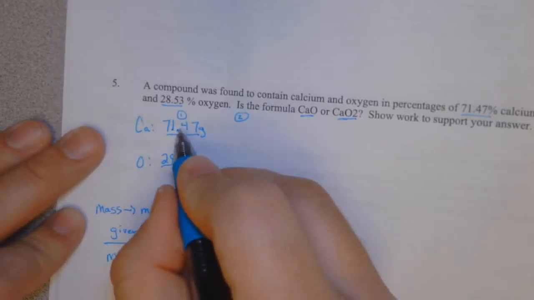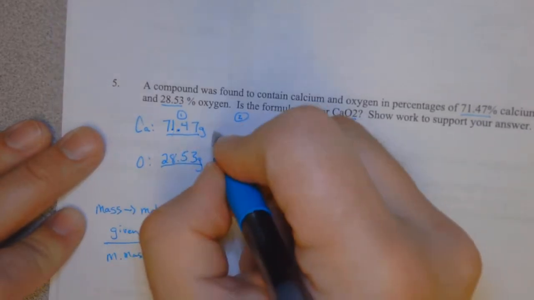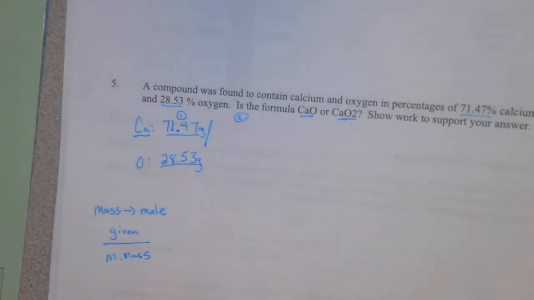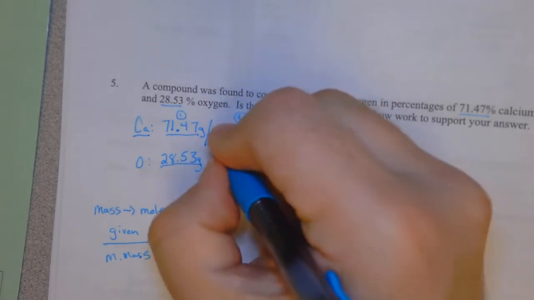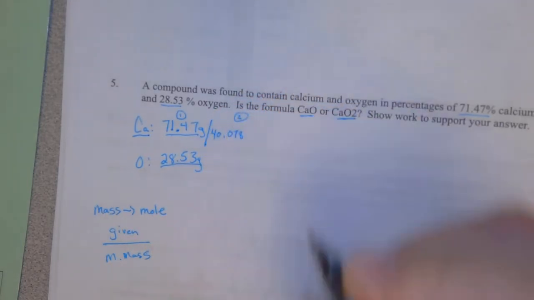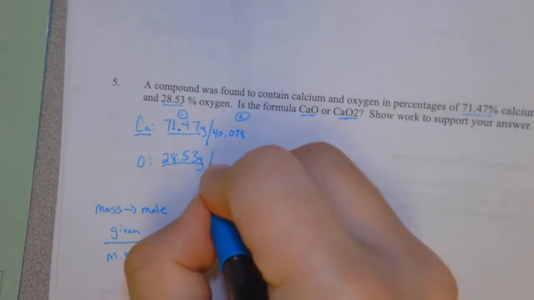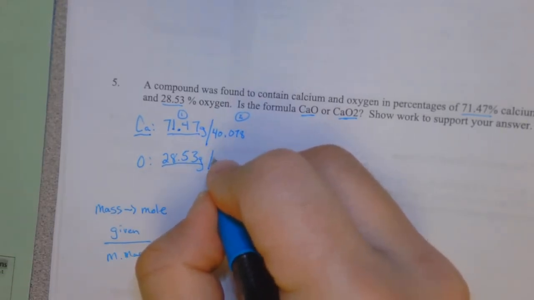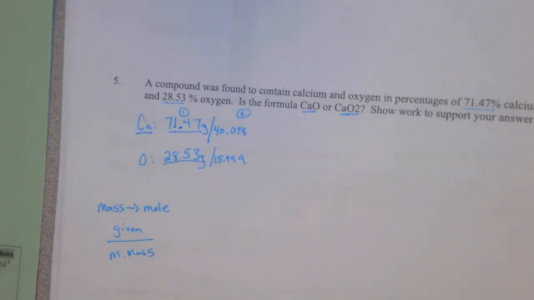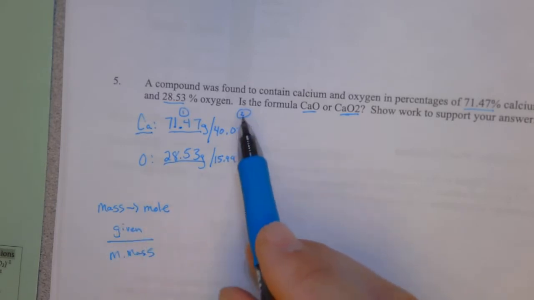So divide each one by the molar mass. Go to your periodic table: calcium has an atomic mass of 40.078, and oxygen has an atomic mass of 15.999.